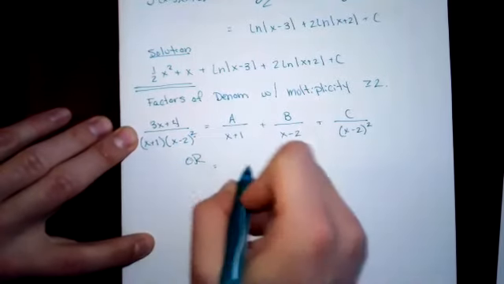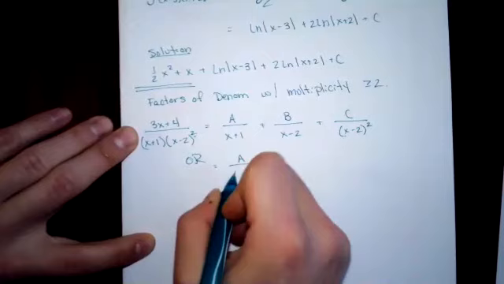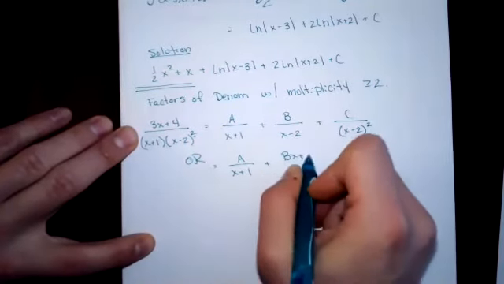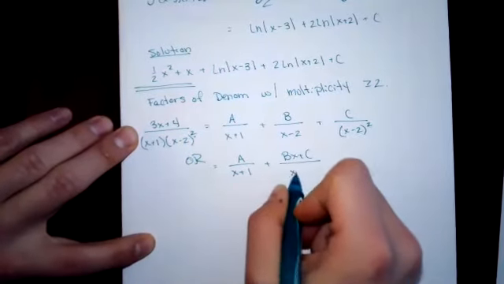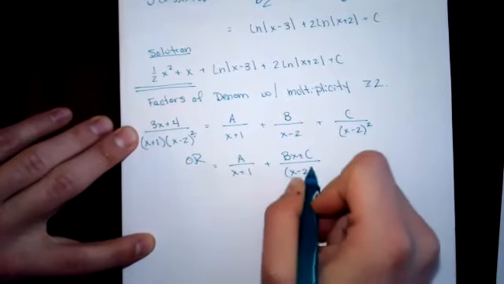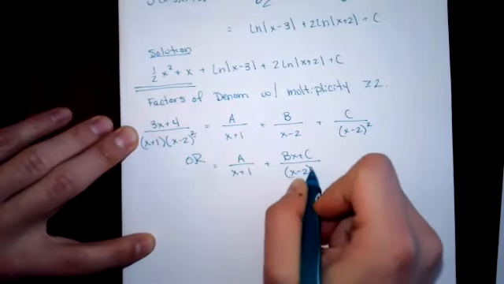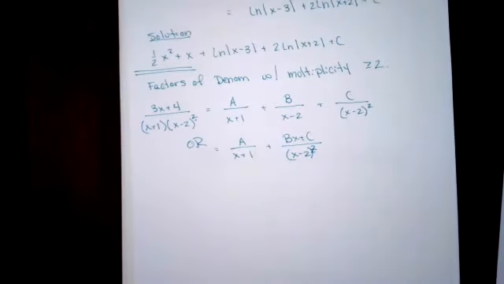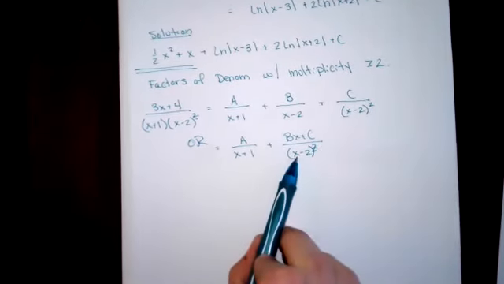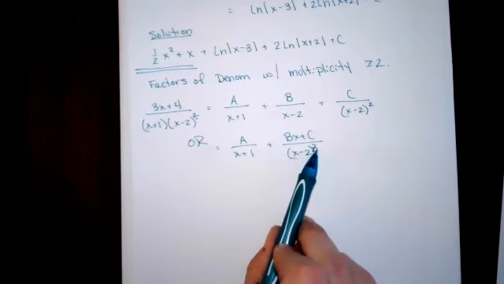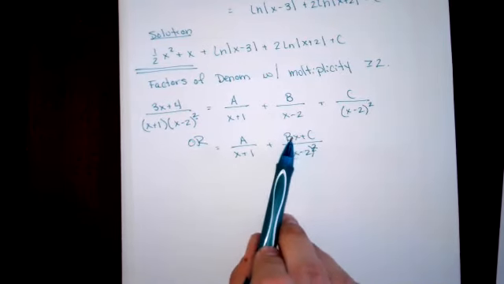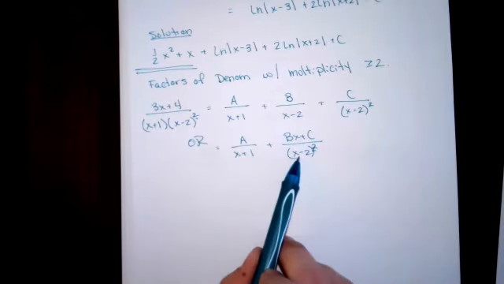So let me write an or here. Oops, (x - 2) squared on the outside. So if we were to do this problem the way we've done all the other ones, since the denominator is a squared term, I would need a generic polynomial of degree 1, so bx plus c in the numerator.